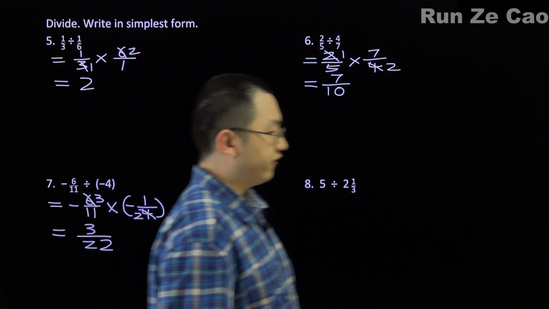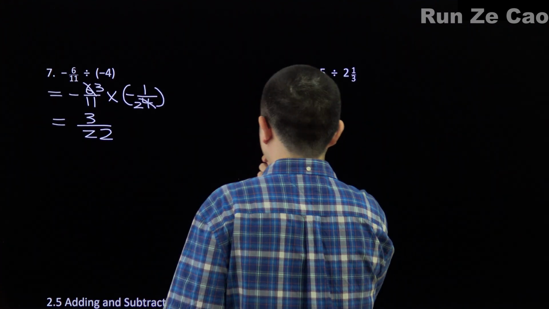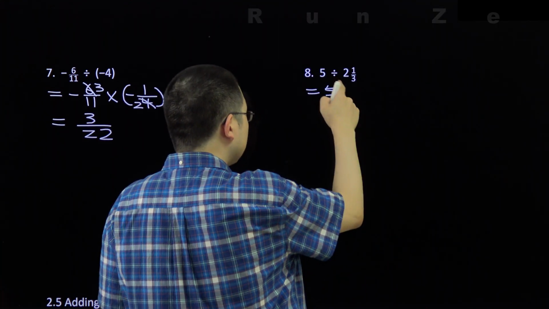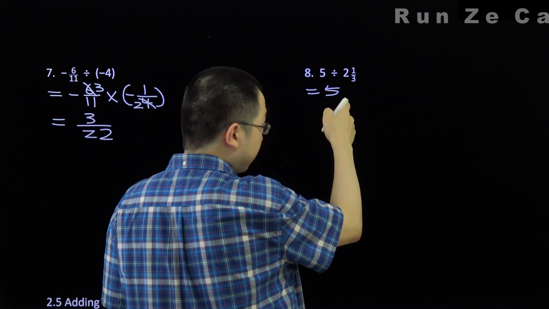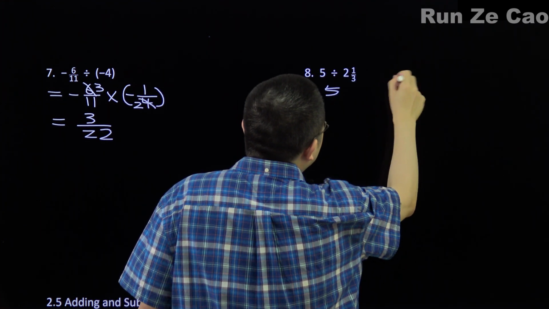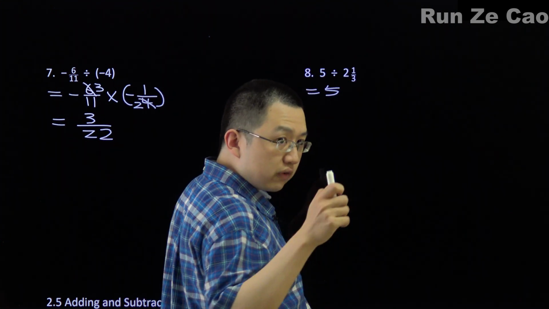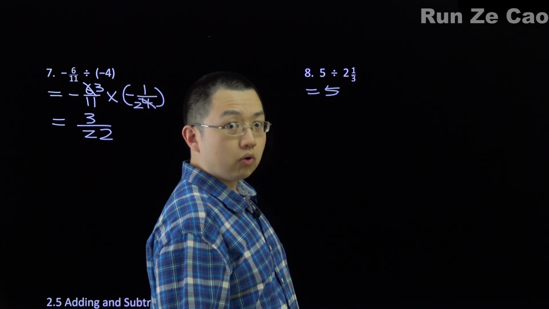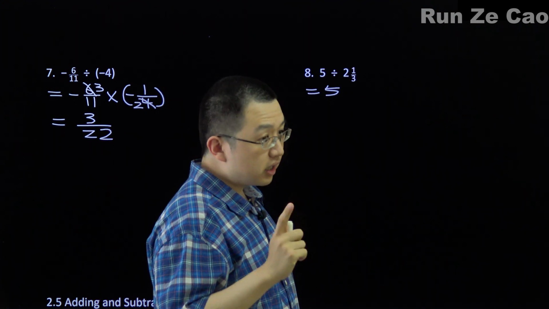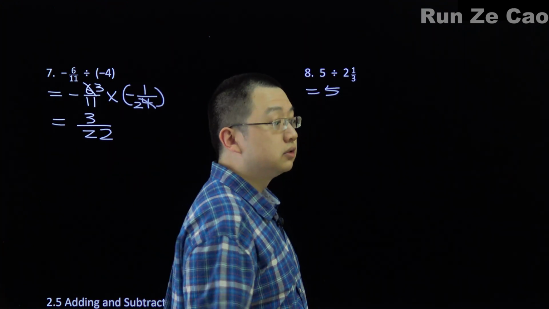Now 5 divided by 2 1/3. Well, we got 5. Oh, by the way, if you need another step here, that's like divided by 2 times 3 plus 1 over 3 or whatever. If you need it, then do so. There is no shame in taking one more step. There is, however, a problem when you get something wrong.